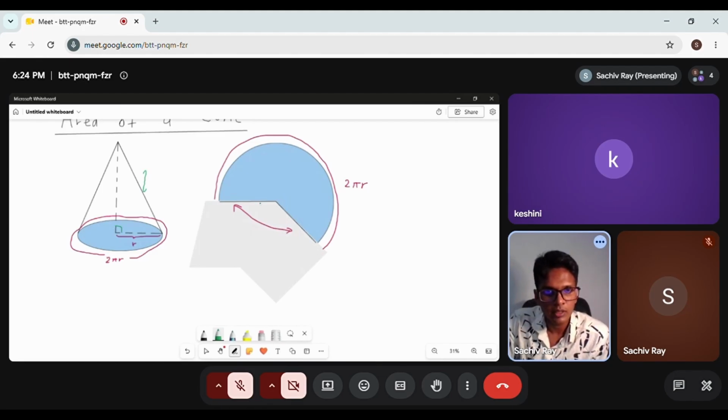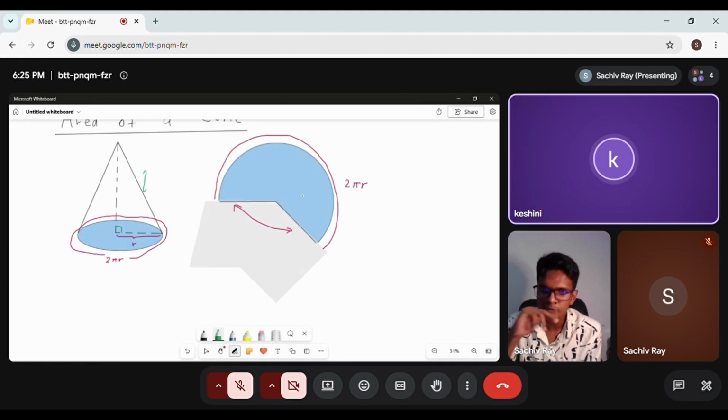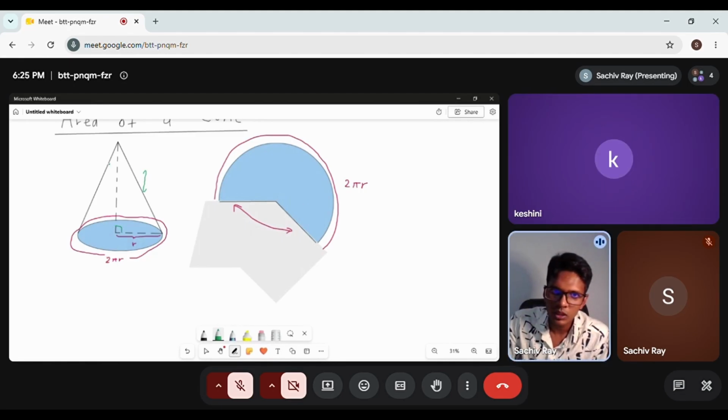Now we know the circumference 2 pi r is this part of the cone. Where is l in this cone part? L is the slanted height, and the height should be this one. Now when this closes, these two lines meet each other and paste together.